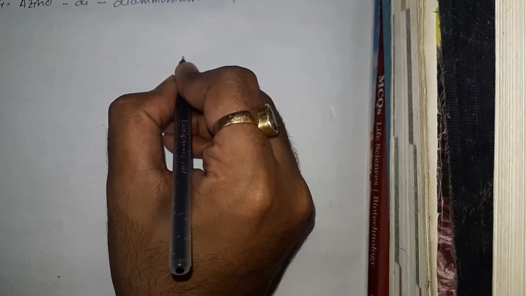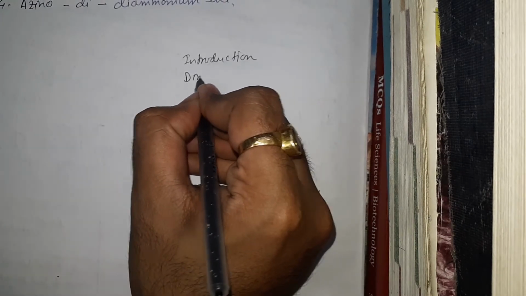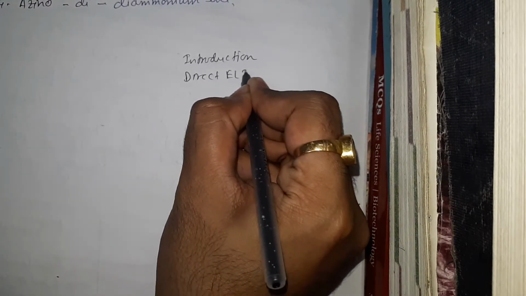In this video lecture series we are going to start a new topic, that is enzyme linked immunosorbent assay. I am going to explain everything about the enzyme linked immunosorbent assay in great detail in about 5 videos. One will be an introduction. Second, we are going to talk about direct ELISA. What is direct ELISA?